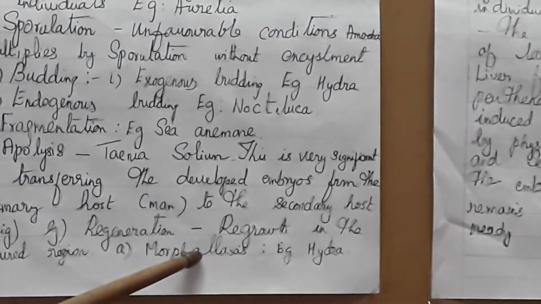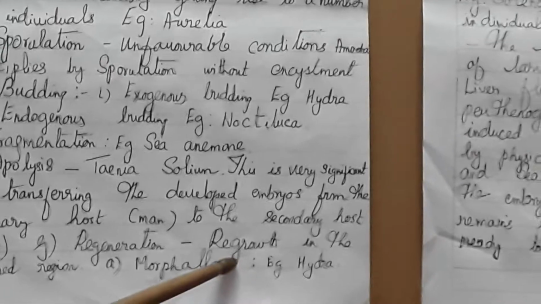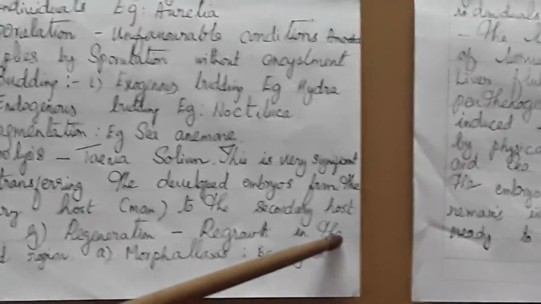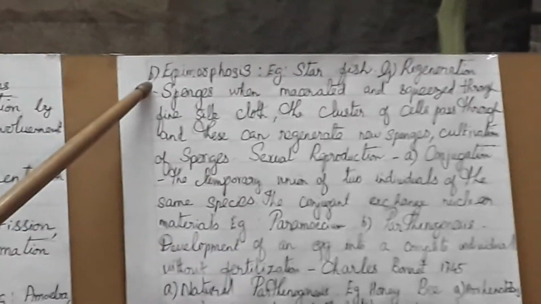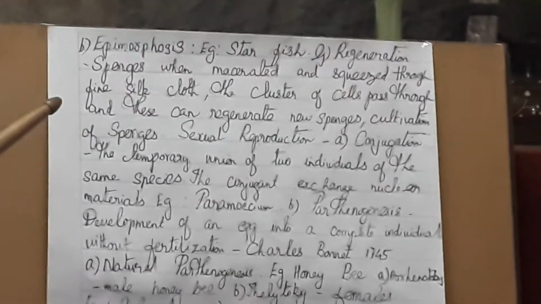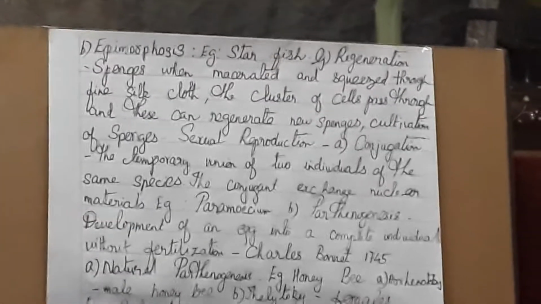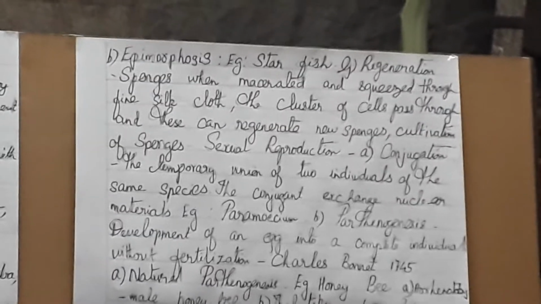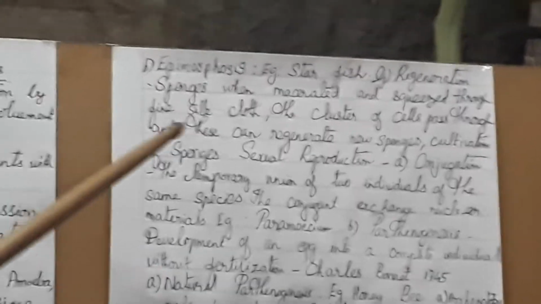Morphallaxis is when the entire body of the animal is regenerated. It is seen in hydra. Epimorphosis is when only the injured part alone is regrown. Example, starfish.